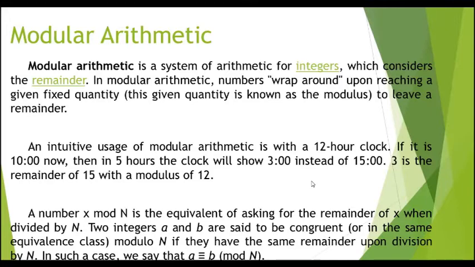A number x mod n is the equivalent of asking for the remainder of x when divided by n. Integers a and b are said to be congruent, or in the same equivalence class, modulo n, if they have the same remainder upon division by n. In such a case, we say that a is congruent to b mod n.